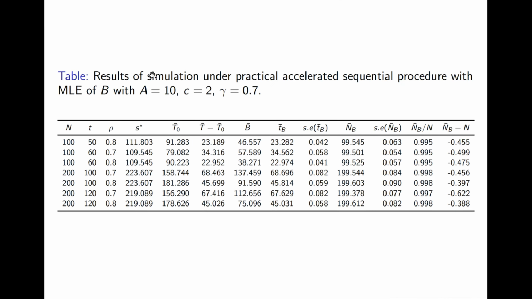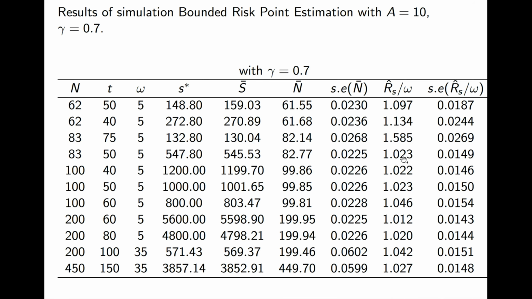And for the modification of the accelerated sequential procedure that we have discussed, which we are calling practical accelerated sequential, the results are also given for different values of rho. The results are very consistently good throughout, and there are some first order and second order properties that we can see here in the estimation.